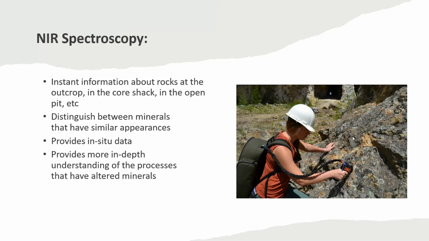So this allows us geologists to distinguish between minerals that have similar appearances, and it provides us with in situ data. So this cuts out the concept of having to send samples to a lab and waiting weeks or months for your data. Because of this, it provides a more in-depth understanding of the processes that have altered these minerals.